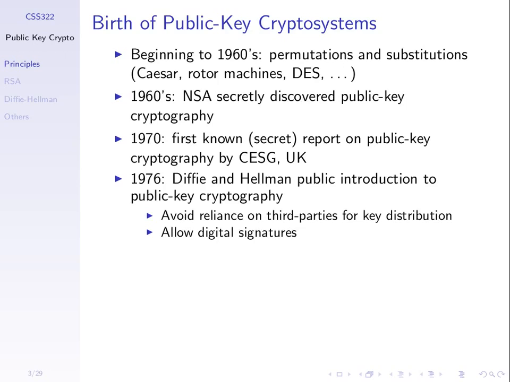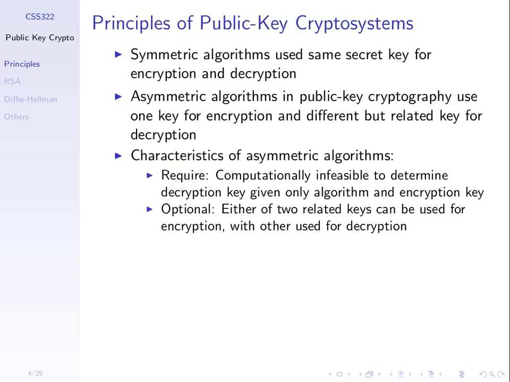That was their motivation. Diffie and Hellman developed a technique, and we'll see it later, but shortly after there were other algorithms developed, and one was called RSA, which we'll cover today, developed by Rivest, Shamir, and Adleman, with RSA in the name of the algorithm.